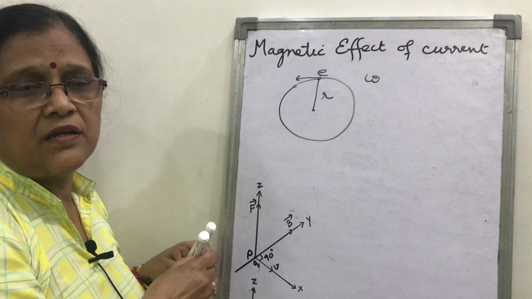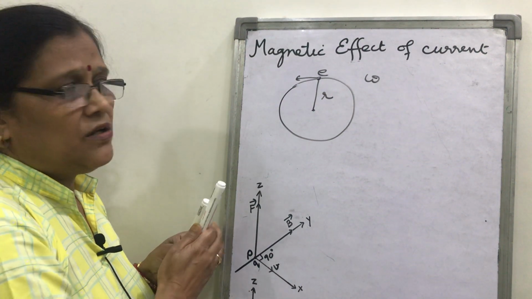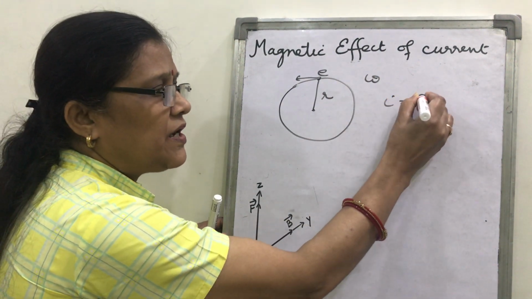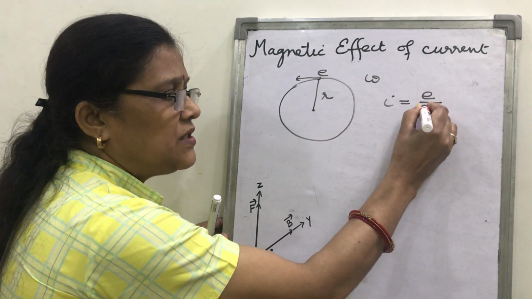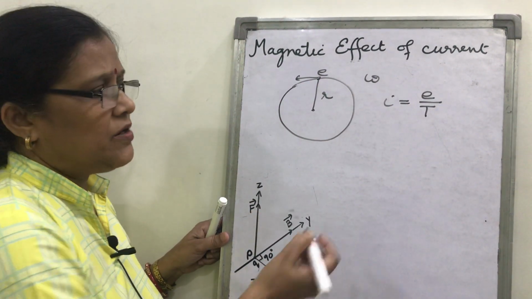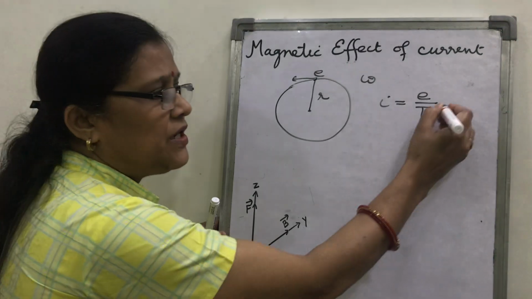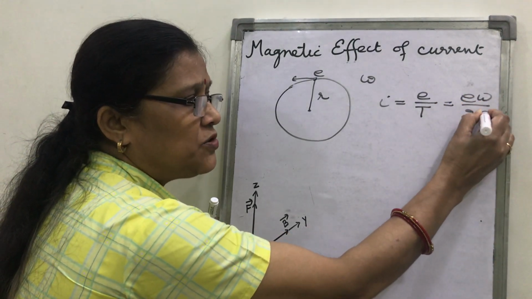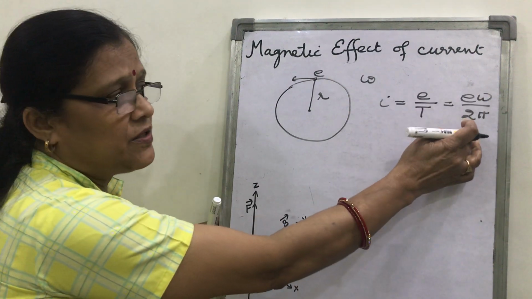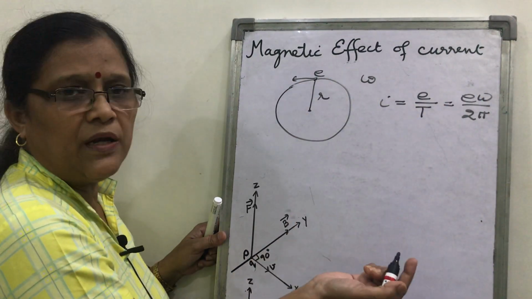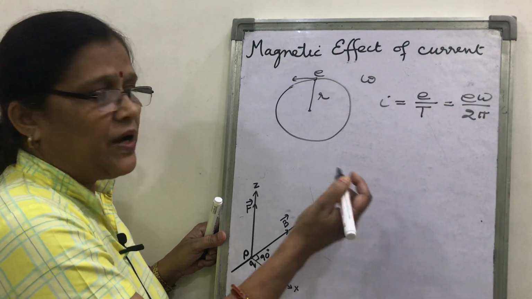Find the magnetic field at the center. How will you find it? The electron constitutes a current, and current is given by Q by T, where Q is the electronic charge e. And what is T? You know T is 2 pi upon omega, from class 11th, if angular speed is given. Simple.